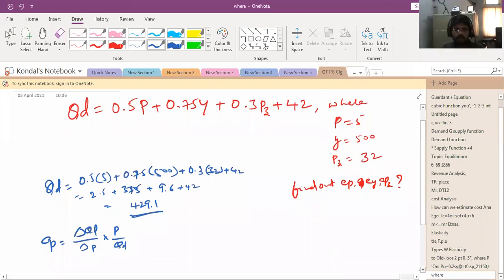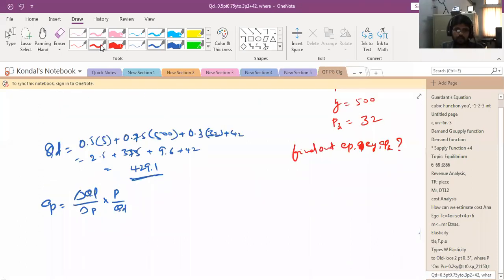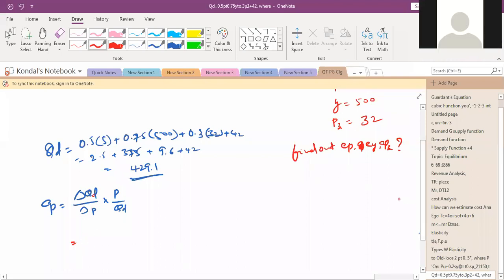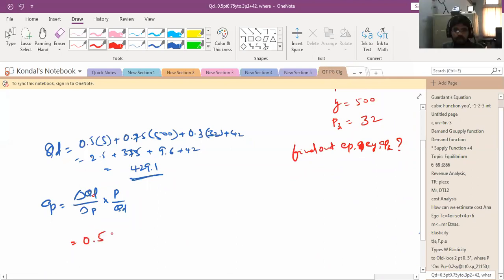So here, delta QD by delta P, what is the slope? It is 0.5. And what is the price value? 5.